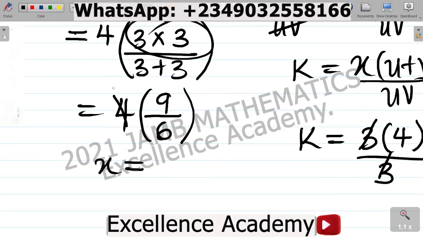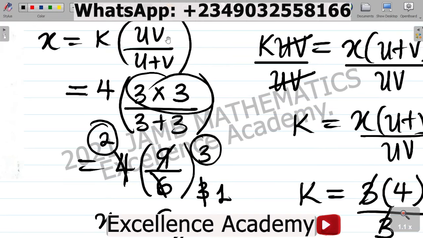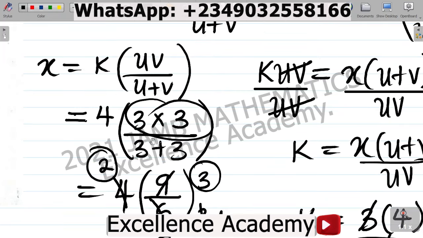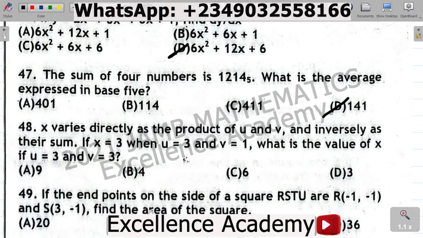From here, 2 cancels this, that gives you 2. 2 divided by 6 gives you 3. 3 divided by 9 gives you 3. So my answer becomes 2 times 3, which is equal to 6. So the value of x when u is 3 and v is 3 is equal to 6. Let's see which option matches that. So that is option C, 6.